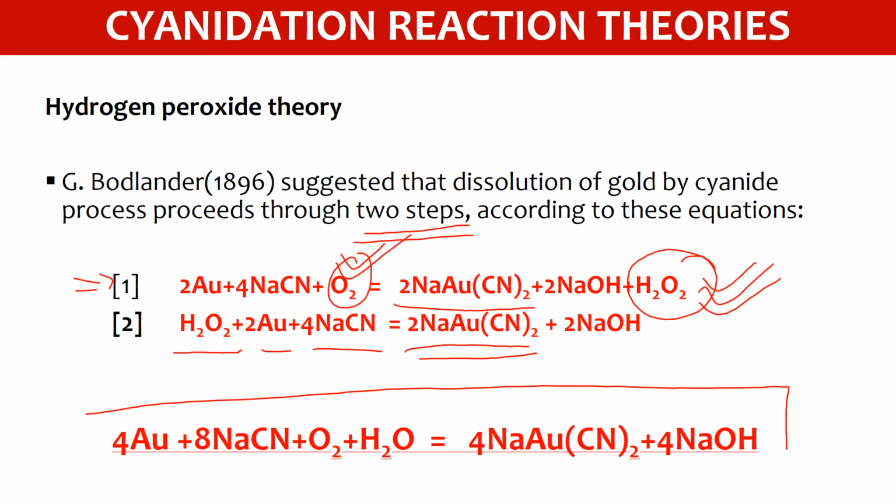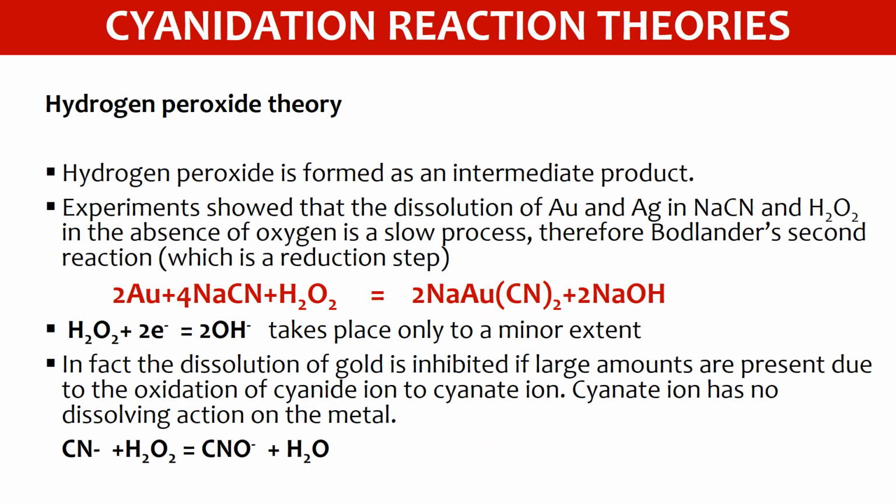However, it proposes that hydrogen peroxide is the first that is produced, and is the one responsible for dissolution of gold into this gold sodium cyanide complex. Okay, so that's the Bodlander hydrogen peroxide theory.